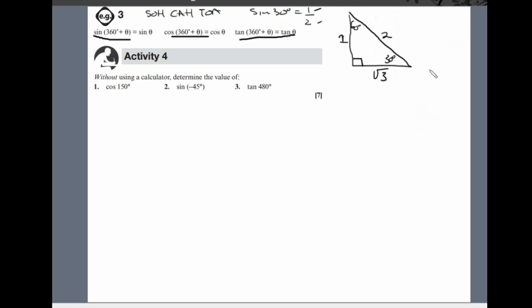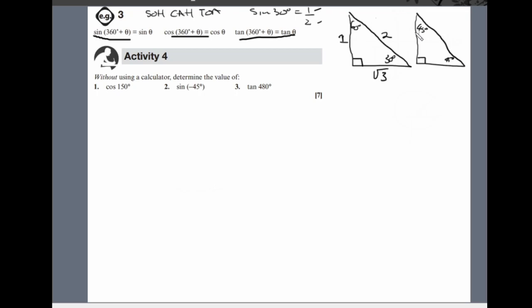And then the other right-angled triangle that you will need to memorize has 45 degrees as our special angle. With this one you'll use tan theta. If you say tan 45 on your calculator, you will see that it is 1, so it will be 1 over 1.